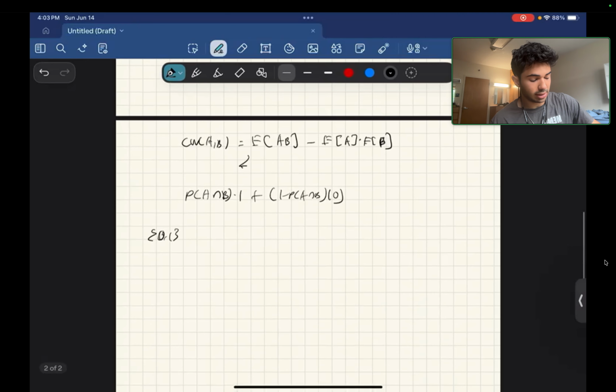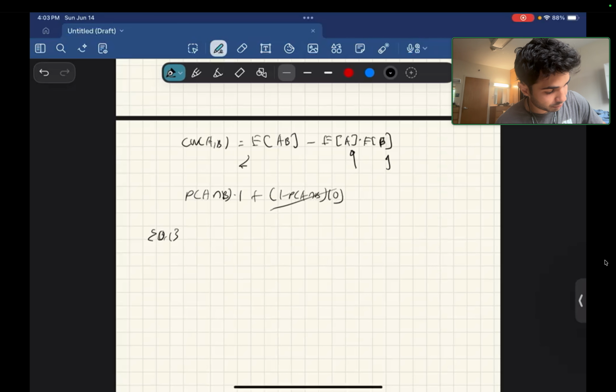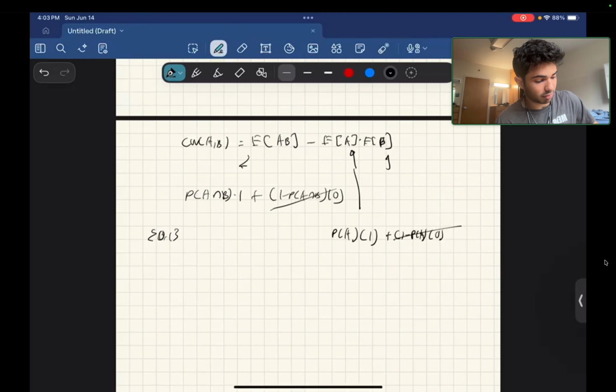Because as you can see, with some probability of A and B, you occur, otherwise you don't occur, which is 0, so it just cancels out. This can be applied to the expectation of A and expectation of B as well. I'll show you, for example, in this case, we'll have probability of A, we occur, with probability of 1 minus probability of A, otherwise we don't occur. This cancels out as well, so you have probability of A left over.